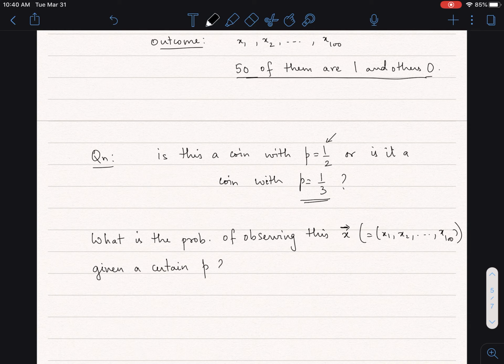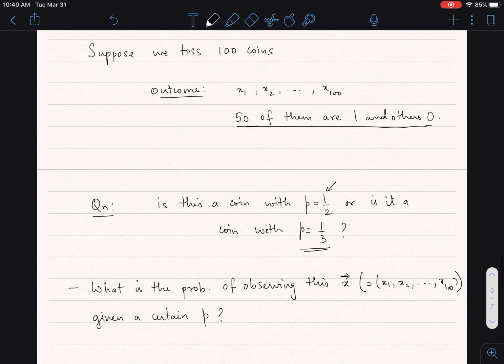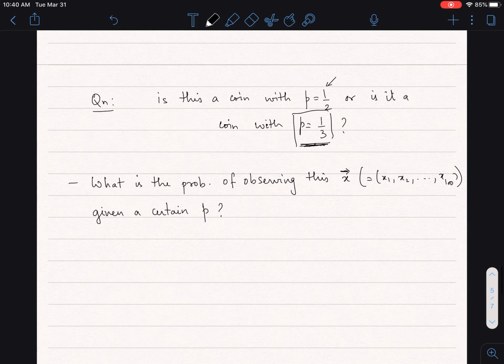So implicitly, this is what we are doing. If you think of my intuitive argument, when p equals 1/3, I was saying that, okay, if p was 1/3, somehow the chance of observing 50 out of 100 as heads is kind of low. And that is leading me to conclude that p equals 1/3 is not the right value of p. The goal of maximum likelihood estimation is to formalize this intuition.